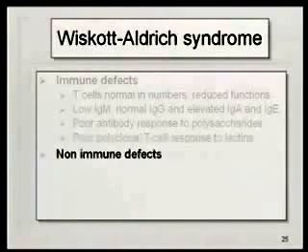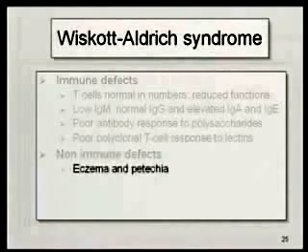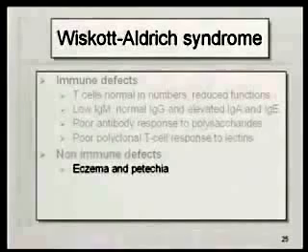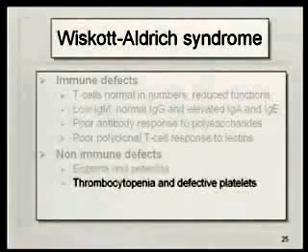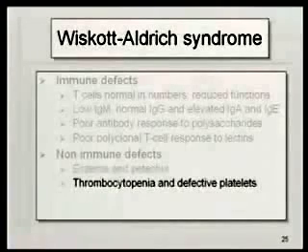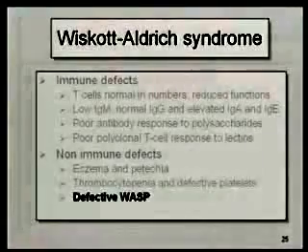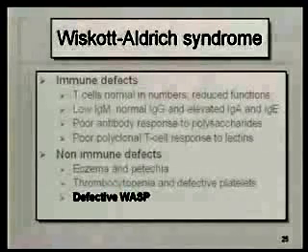Okay, non-immune defects in these are eczema and petechiae, because that is associated with high IgE levels. That's what I was referring to. Okay, thrombocytopenia and defective platelets are observed in these patients as well. And there is a defect in a protein called Wiskott-Aldrich syndrome protein.